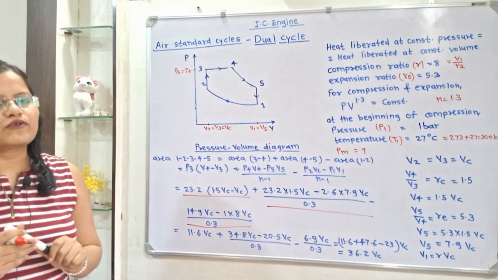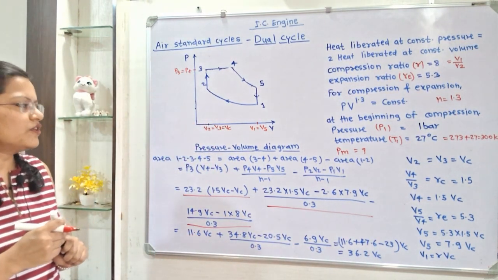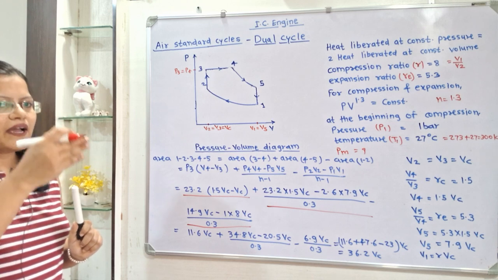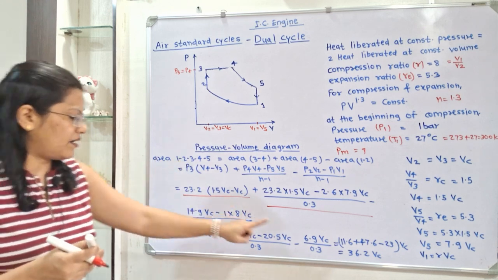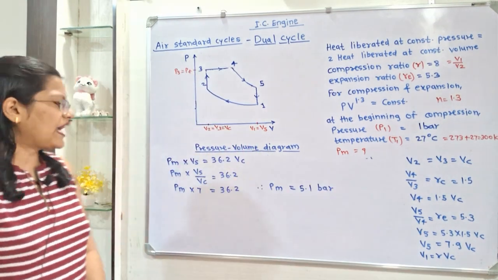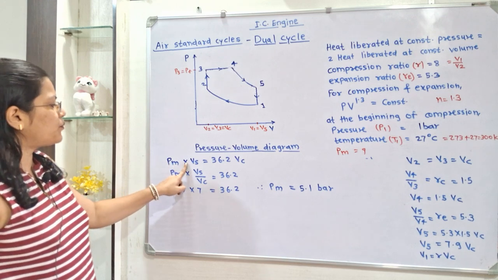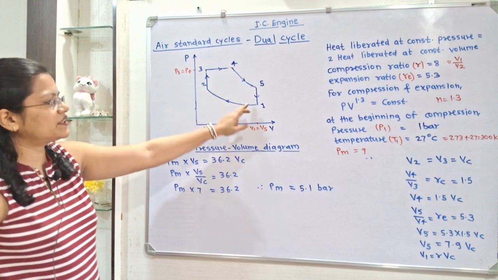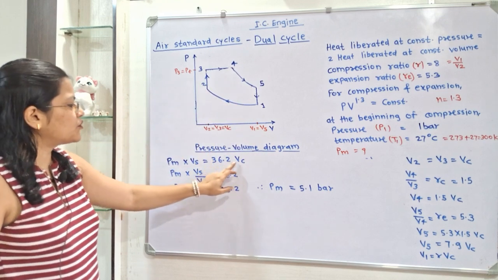Now we have to calculate the mean effective pressure. So we know that mean effective pressure multiplied by Vs is equal to this area 1, 2, 3, 4, 5, that is 36.2 Vc.